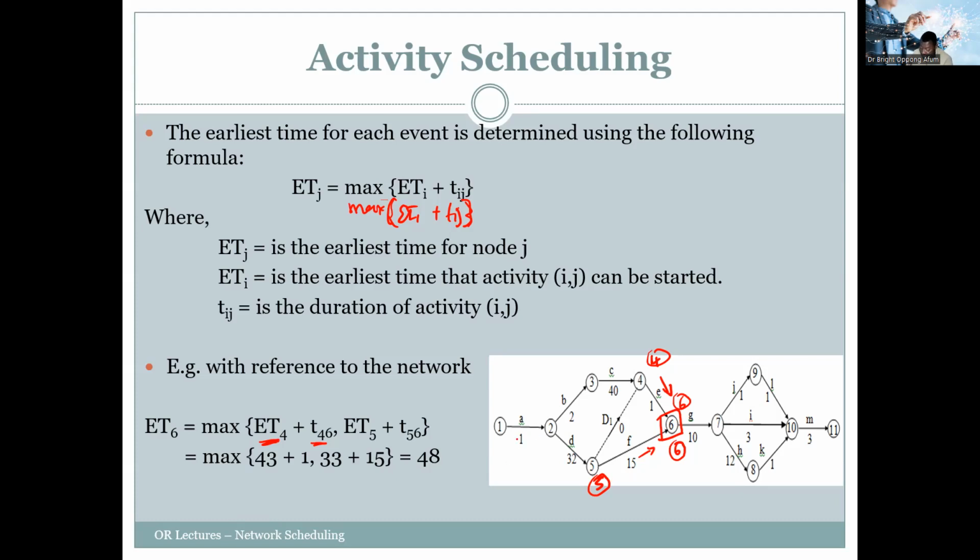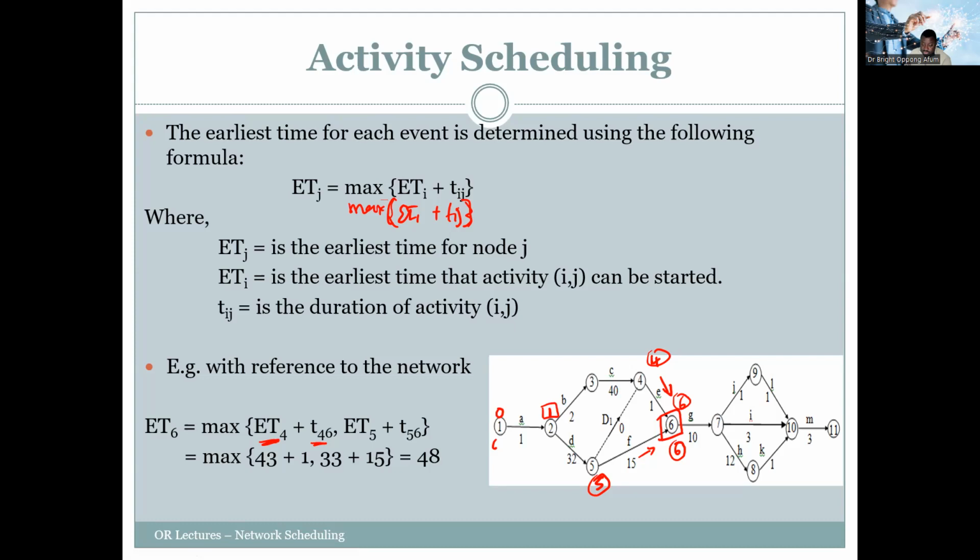The earliest time at the start is 0. Then on node 2 it is 1. Usually we put the earliest time in a box.